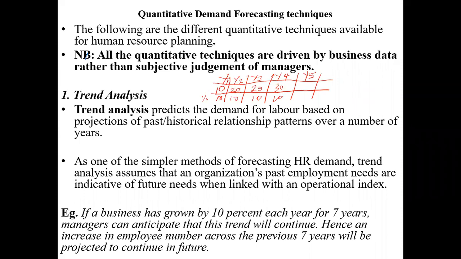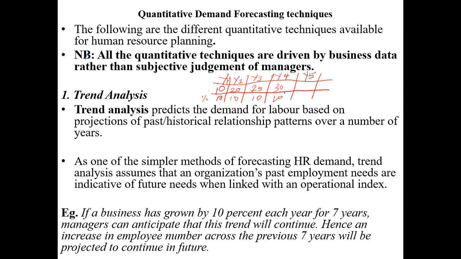We are now trying to estimate the number of workforce that should be available for us in the next coming year, considering the constant growth in our production performance, and also considering the number of people that we have been using over the past. Trend analysis will say that because over the past years, our growth has been constant. Every year we get 10% growth.